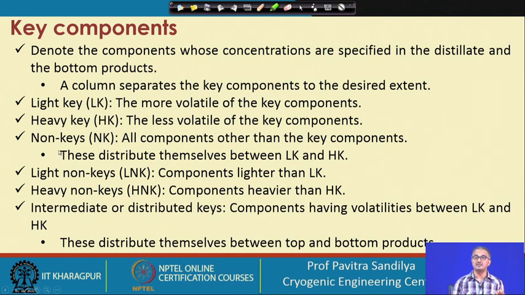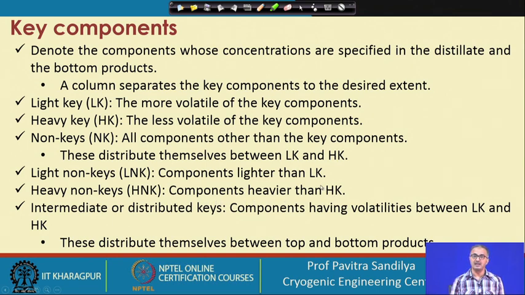Other than the light key and heavy key, we have the non-key components, denoted by NK, which distribute themselves between the LK and the HK. Then we have light non-keys, denoted by LNK, which are the components lighter than the light key, and the heavy non-keys, denoted by HNK, which are those components heavier than the heavy key.